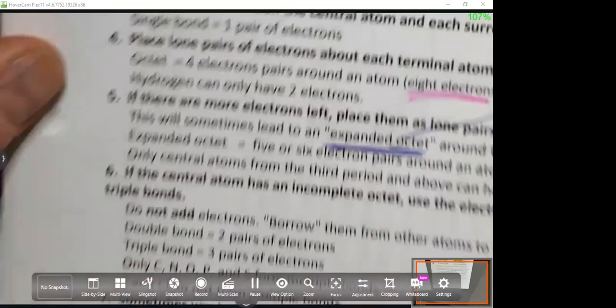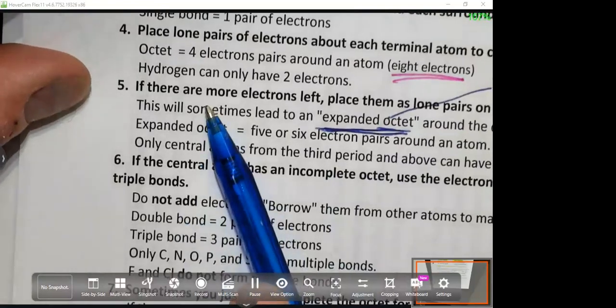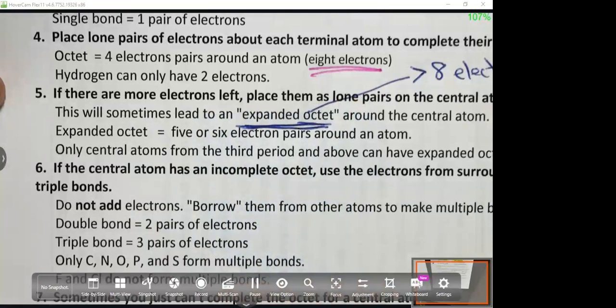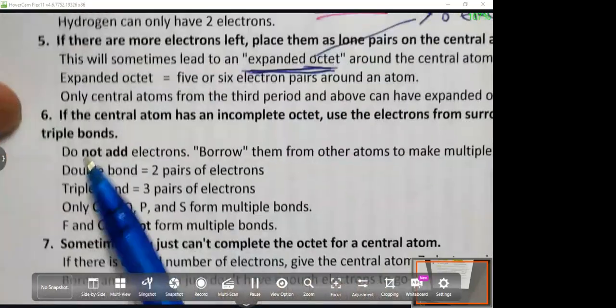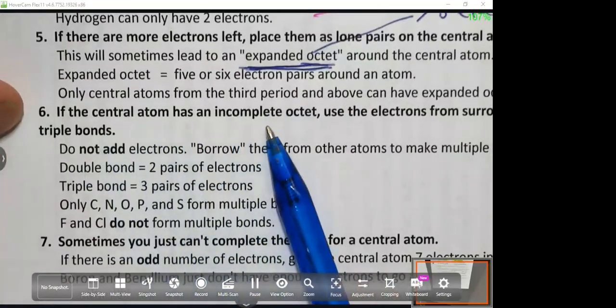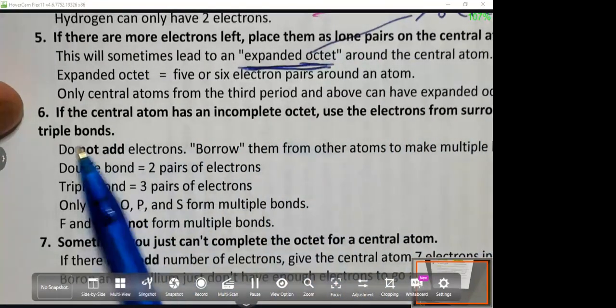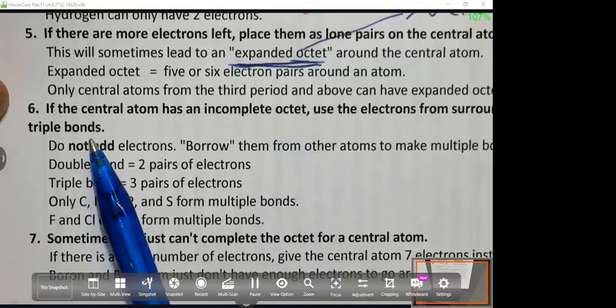So I got to go on. I just did step 5. Step 6, if the central atom has an incomplete octet, use the electrons from the surrounding atoms to make double or triple bonds.